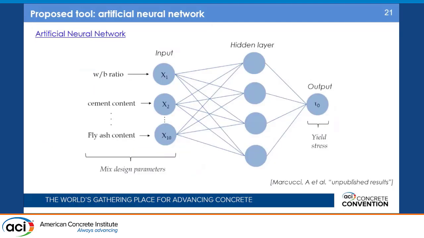Okay. So how does the neural network work? We have some inputs. For example, we selected, in this case, something like 10 inputs. And the inputs are the components of the mix design of our cementitious mortar. And then the neural network is trained in order to correlate for given sets of design parameters with the yield stress.